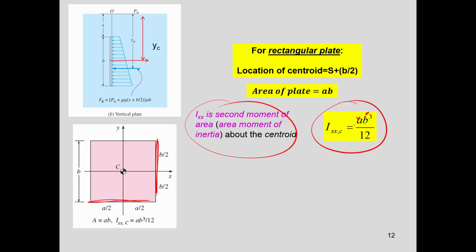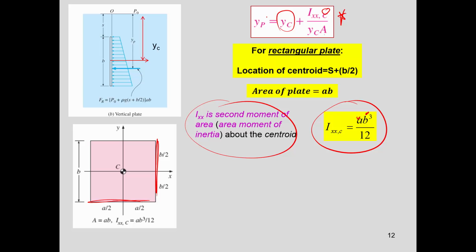If you have it reversed, you need to keep an eye on that. So the location of the center of pressure would be the location of the centroid of the plate plus the second moment of inertia around the centroid divided by YC times A. So that's as easy as that.